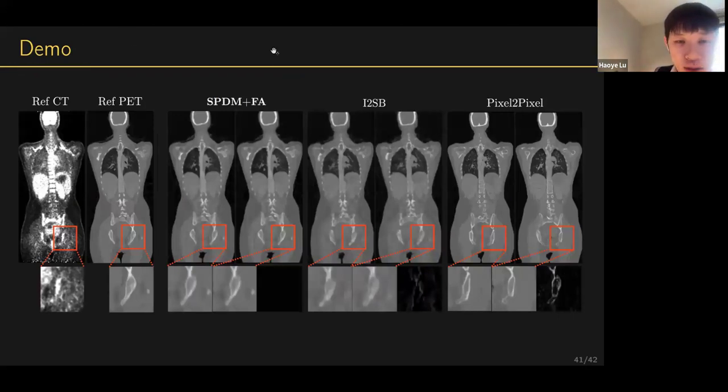Here's a simple demo, where we apply our framework to design specific equivariant models. Here, what we are doing is transforming a city image to a pet image. This is our model, and I2SB and pix2pix are two baselines we use for comparison.